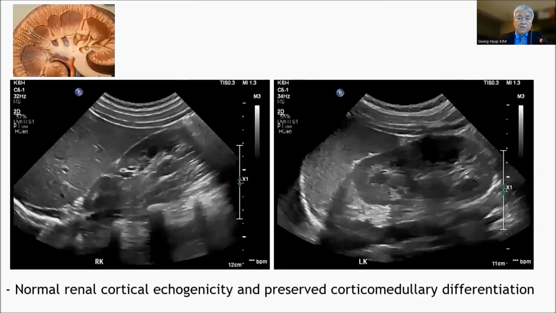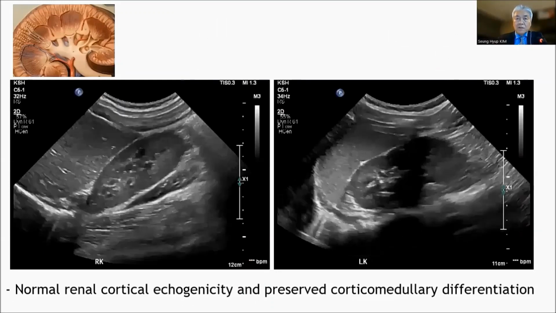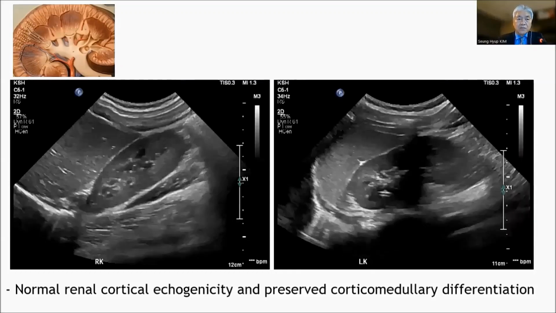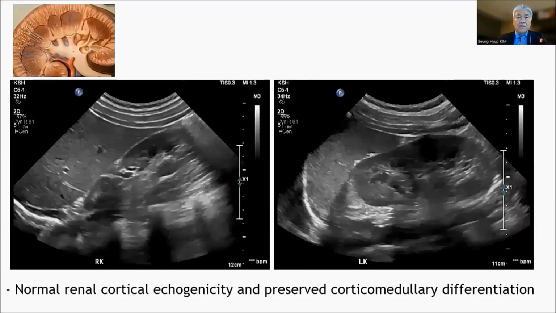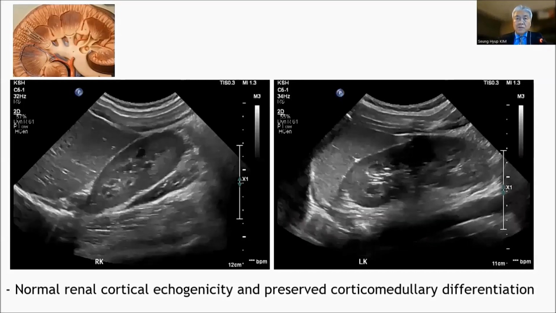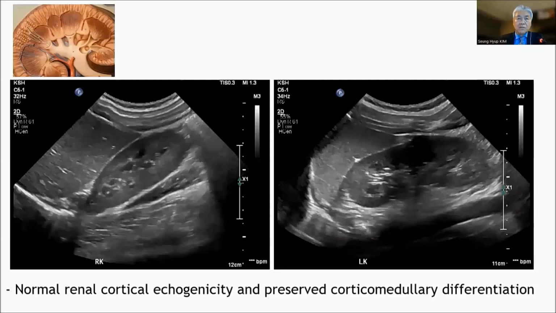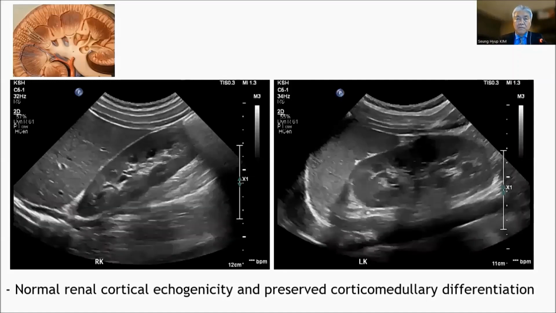Next thing we evaluate is renal cortical echogenicity and cortical medullary differentiation. The normal echogenicity of the renal cortex is usually slightly lower than the echogenicity of the normal liver and spleen.